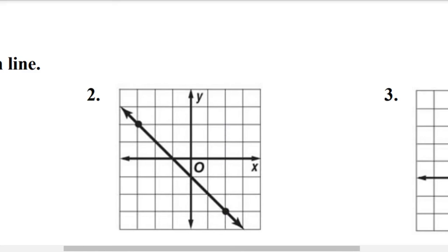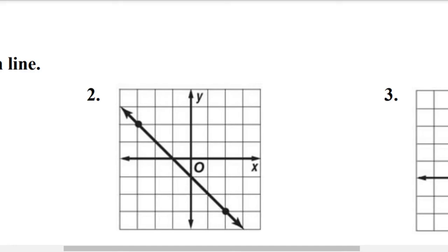So +5 over 1, 2, 3, 4, 5. +5 over -5. And we know that 5 divided by 5 is 1. And it is a +5 and a -5. And so we know by the tic-tac-toe system I showed you guys, a negative divided by a positive is a negative. So this would actually reduce to -1.